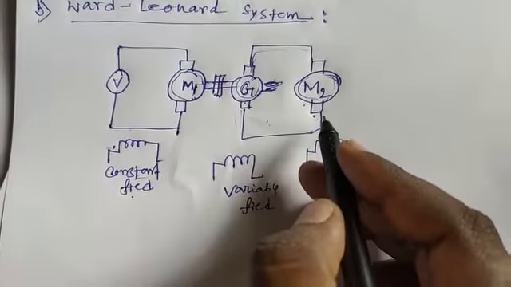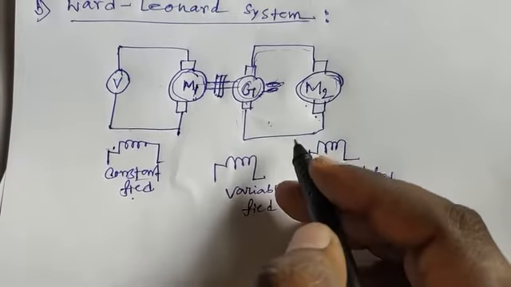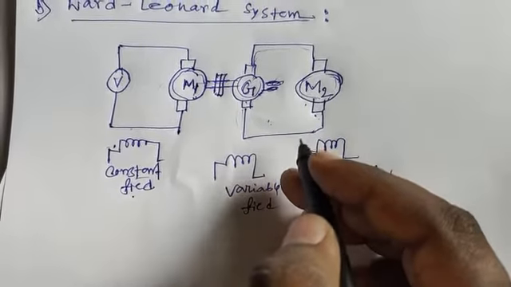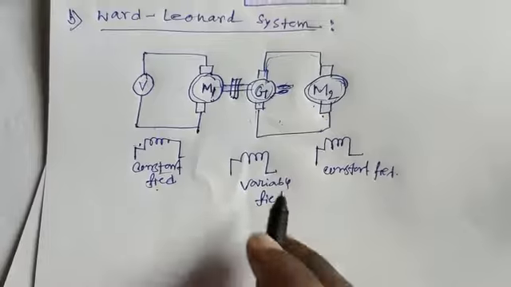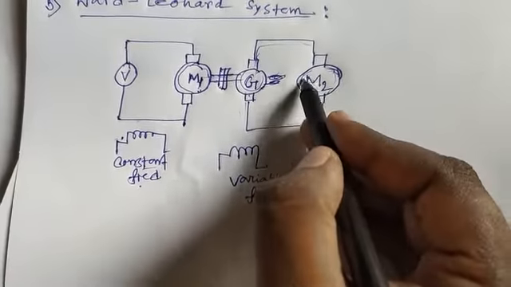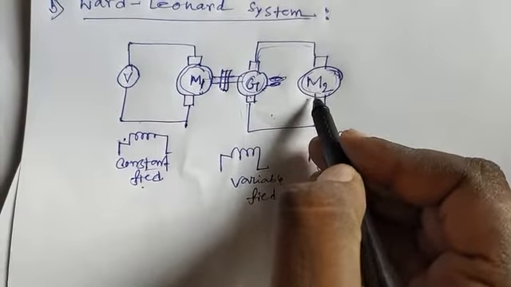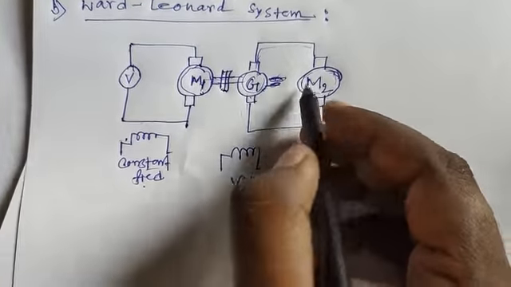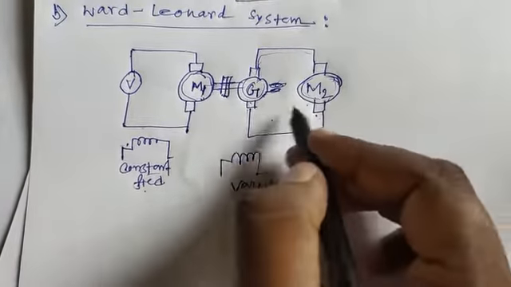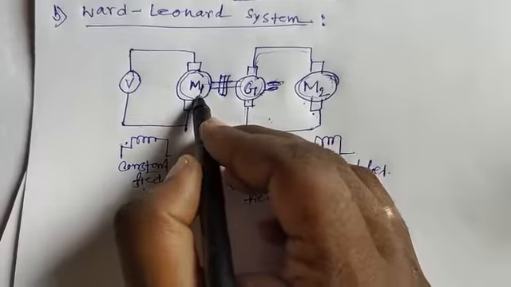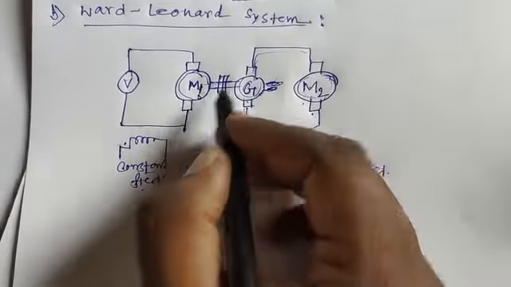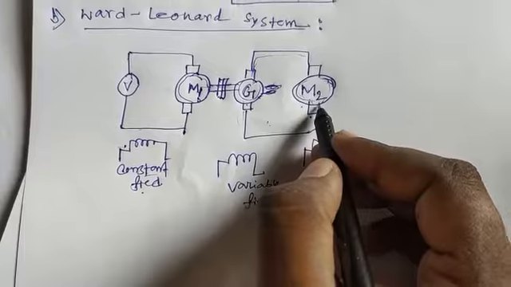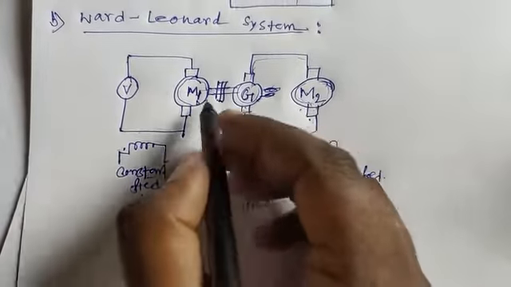Hence, very smooth speed control of the DC motor can be obtained by this method. Do you understand? Here there are two motors: M1 is a fixed speed motor, and M2 is the motor whose speed is required to be controlled.